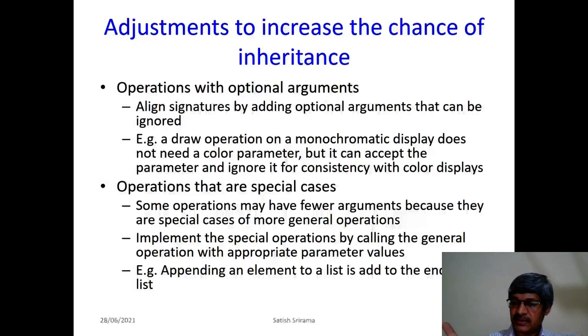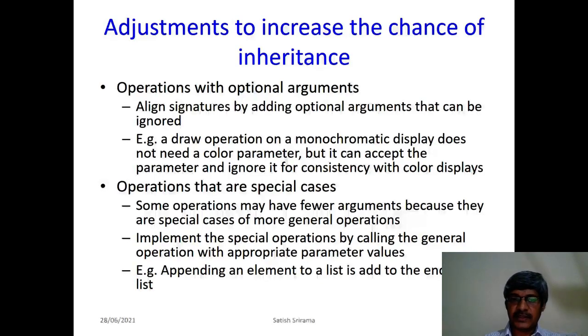For the color display you will have a method with three parameters, the third being the color. Even the monochromatic one may originally have two parameters, but make the color the third parameter, and within the implementation don't use it.